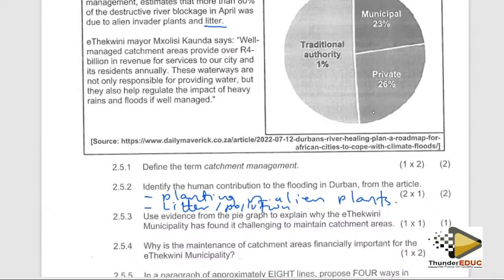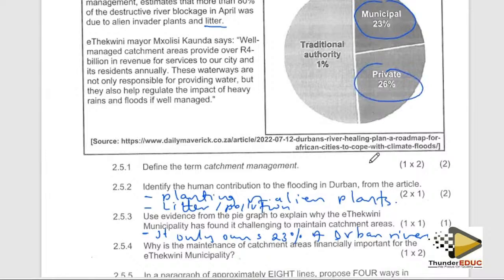So I could say the eThekwini only owns 23% of Durban rivers. As you can see in the pie chart, it only owns 23%. The majority is being owned by the private sector.